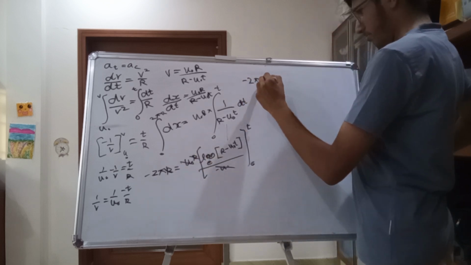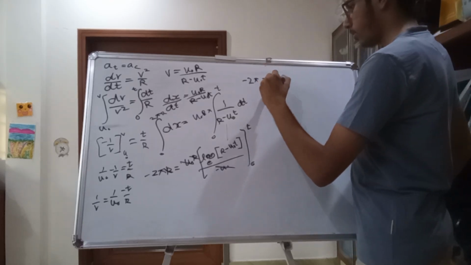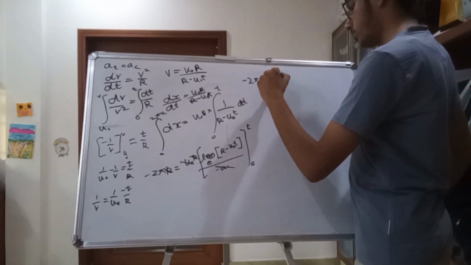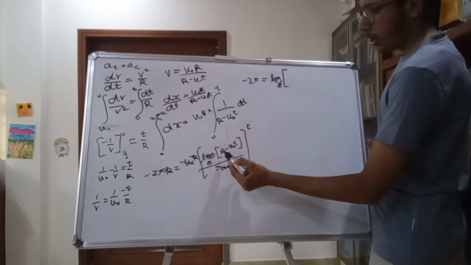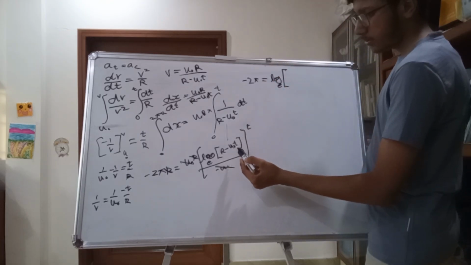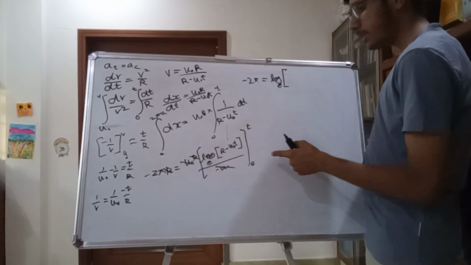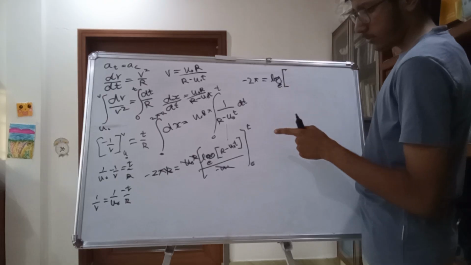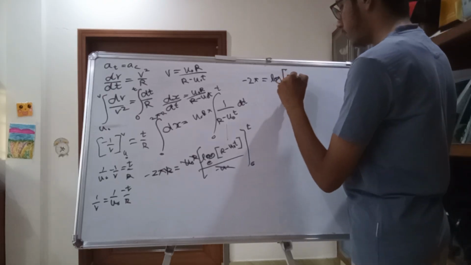Now apply the limit. Minus 2 pi equal to log base e of r minus u naught t minus log base e of r. I'll write it two times for your clarity.